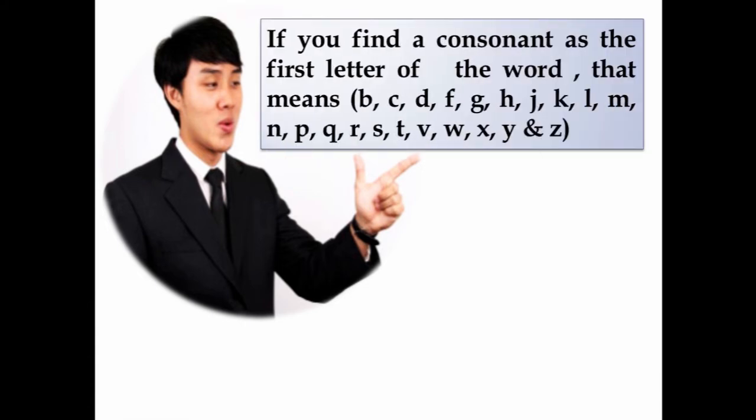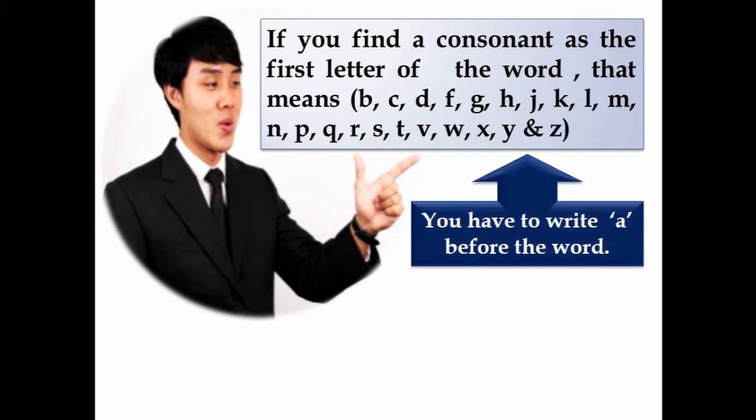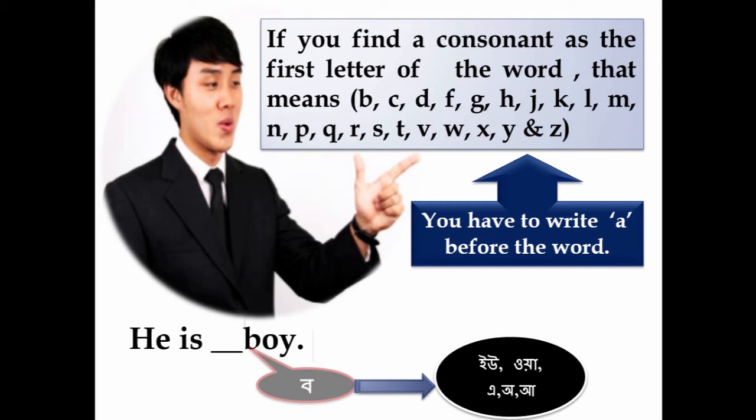If you find a consonant as the first letter of the word, that means B, C, D, F, G, H, J, K, L, M, N, P, Q, R, S, T, V, W, X, Y, and Z, that means consonant, you have to write a before the word. Now we have found B. This is a consonant. So you have to use a.